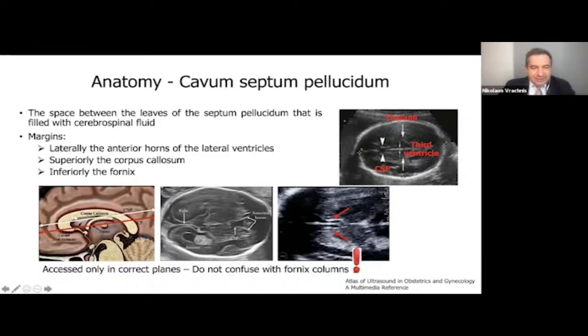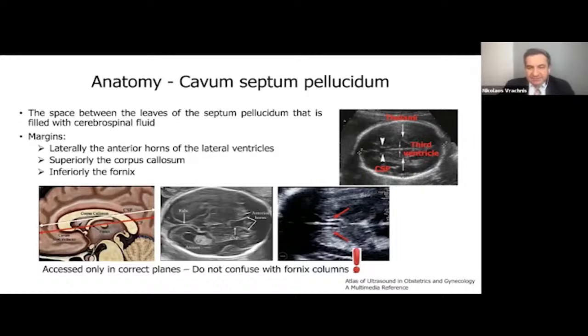So we can see here the corpus callosum. And again, we have to be careful because this view is normal and we can see here the CSP. However, this view is a few millimeters further down on the brain, on the axial view, and then it's not the CSP here.